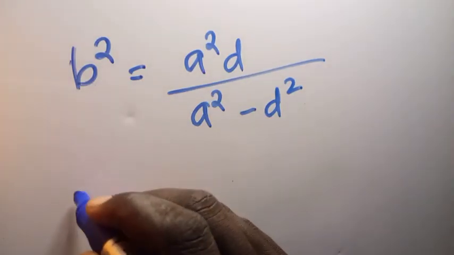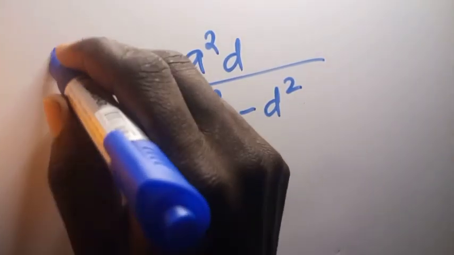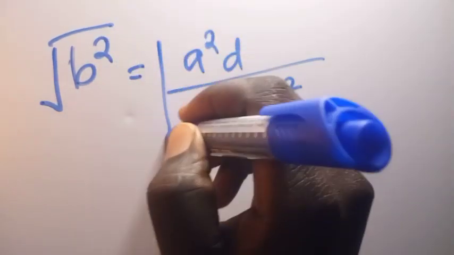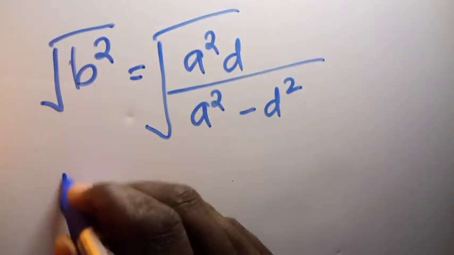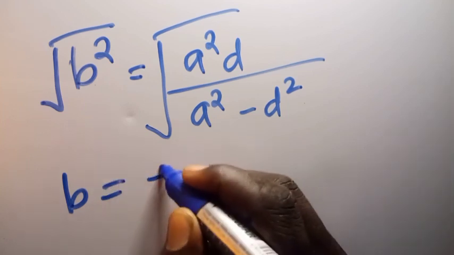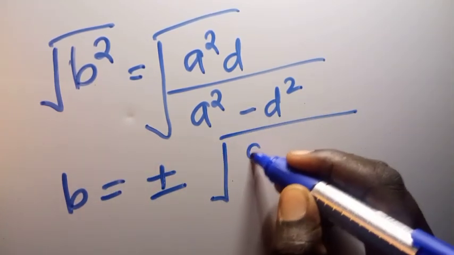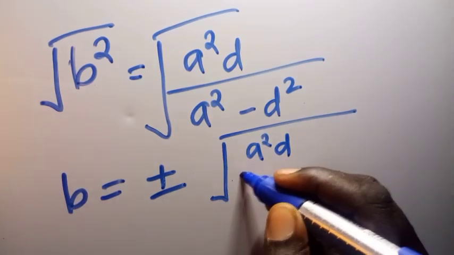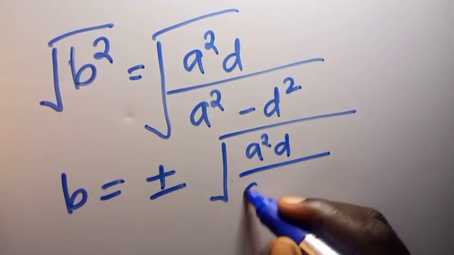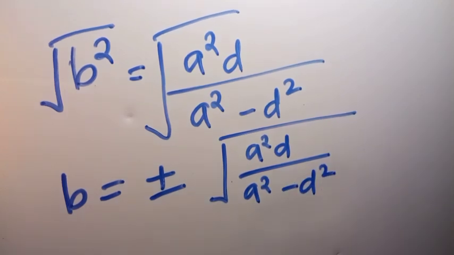Then from there we can find the square root on both sides, so that we have our B as plus or minus the square root of A squared D, then all over A squared minus D squared.